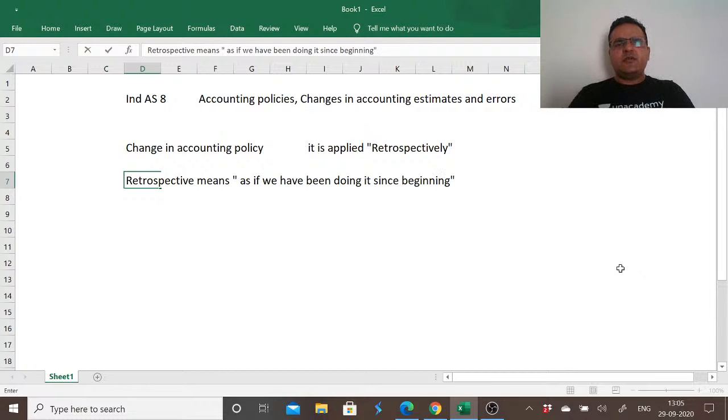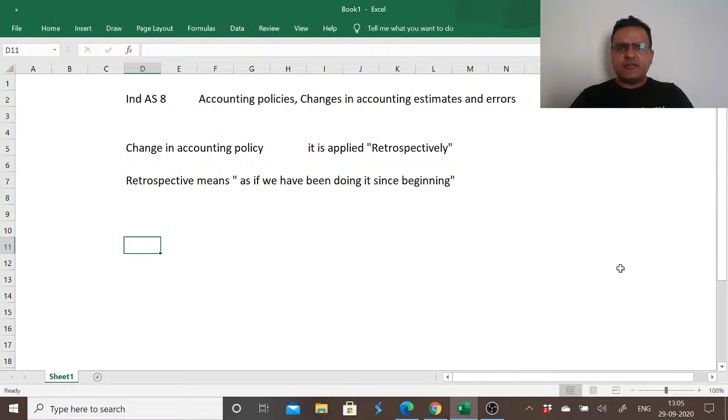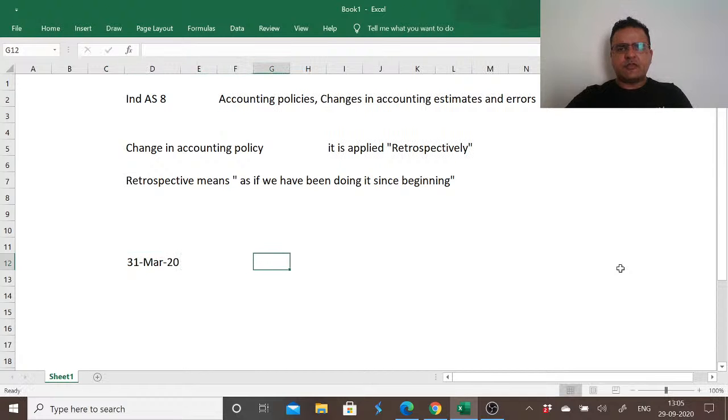Now, how do we prove that we have been using it since beginning? Suppose we have to make any change in the current year financials. We are preparing financial statements for 31st March 2020. And we were using FIFO as a measurement basis to value inventories. Till now we were using FIFO.